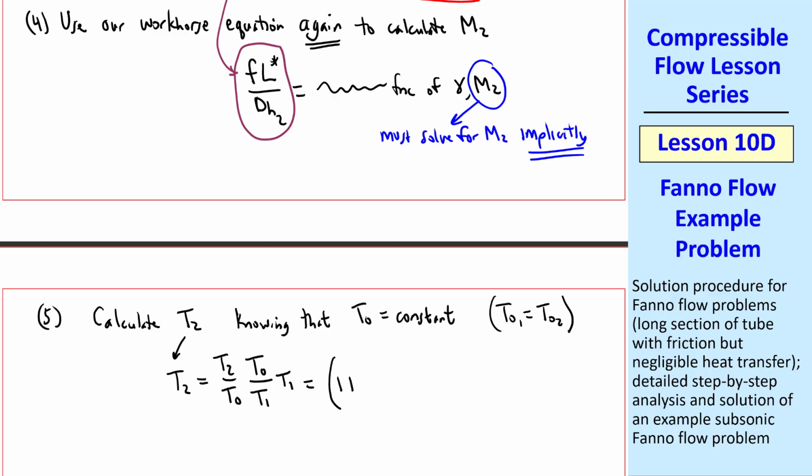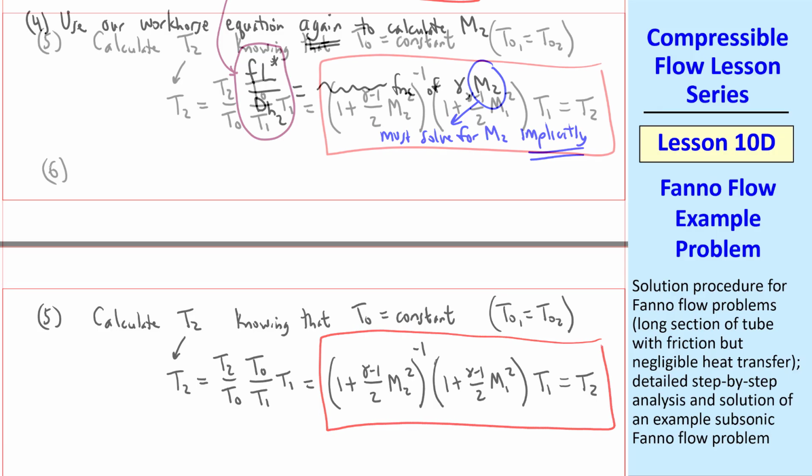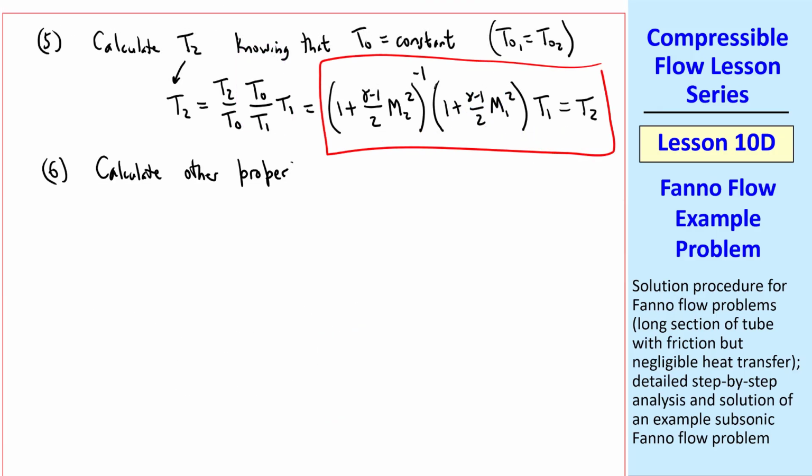So we can use our old friends from much earlier in the semester. 1 plus gamma minus 1 over 2 M2 squared to the negative 1 is T2 over T0, and 1 plus gamma minus 1 over 2 M1 squared for T0 over T1, and multiply by T1. This gives us T2.